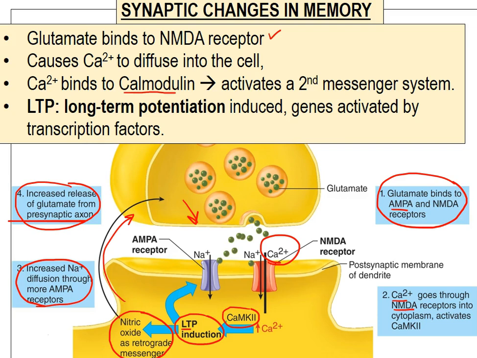Long-term potentiation also stimulates changes in the cellular composition. For example, it stimulates transcription and translation and the building of additional proteins that are going to cause these dendritic spines to form, and actually is going to change the structure of the neurons so that you can make more synaptic connections.